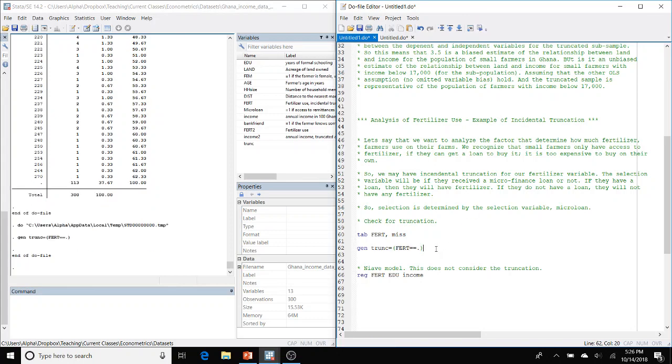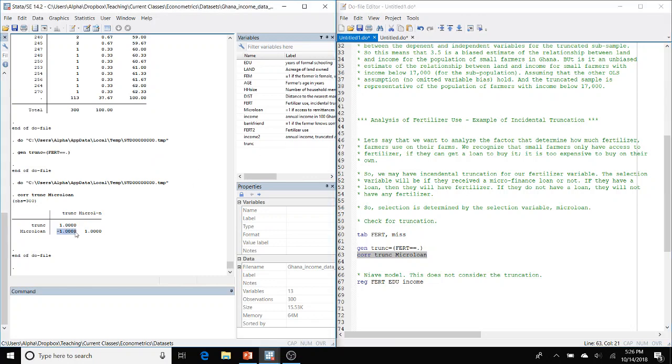And now I think that the truncation is being determined by microloan. So I'm going to look at the correlation between trunk and microloan. And if I'm correct, then there should be perfect correlation. All right, what do we get? It's -1. All right, perfect correlation.